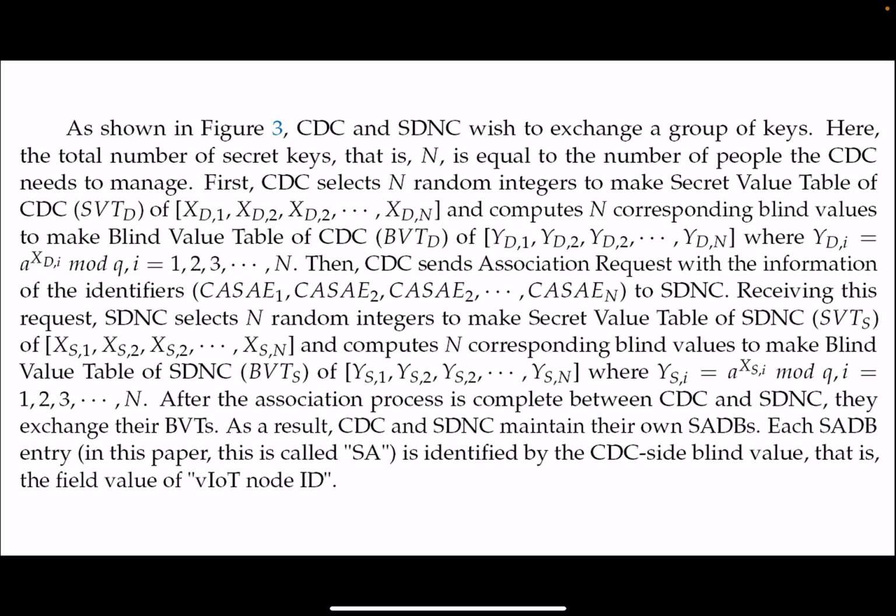Here the total number of secret keys, that is N, is equal to the number of people the CDC needs to manage.